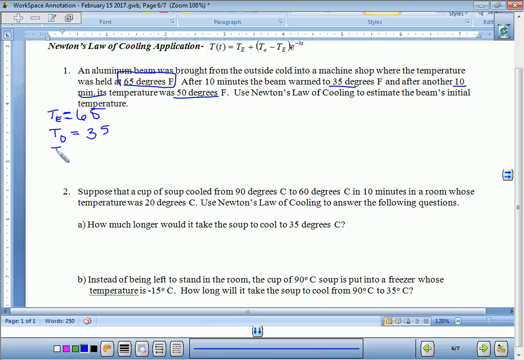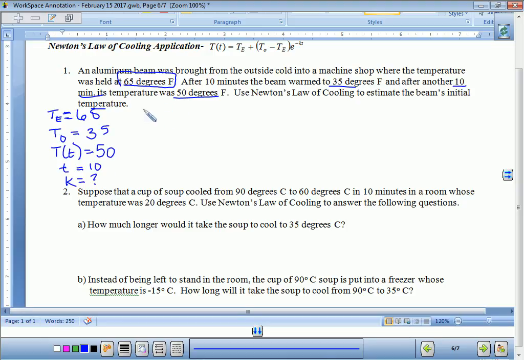So the temperature with respect to time here would be 50. The time that elapsed between a reading of 35 and a reading of 50 degrees Fahrenheit was how many minutes? 10. So this T naught is not truly the initial temperature of the beam, but we have to use it to find K.